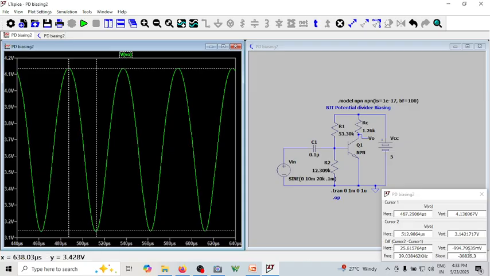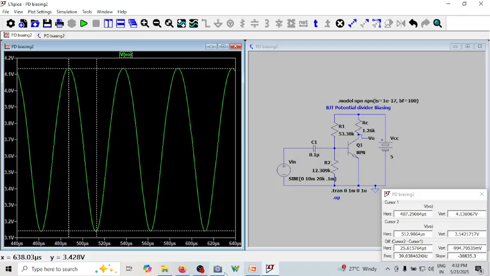So V naught peak to peak is 994 millivolt. V in peak to peak is 20 millivolt. So what is 994 divided by 20? Yes, you can see 49.7 volt per volt.